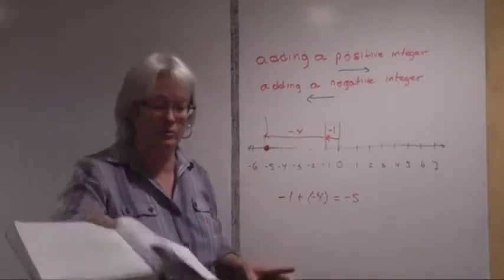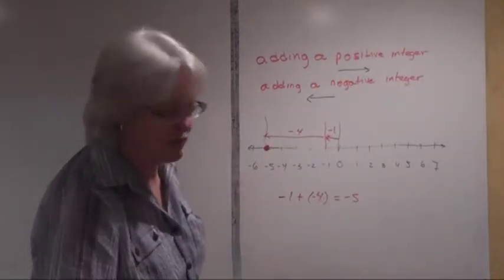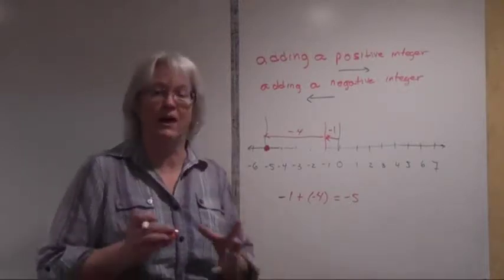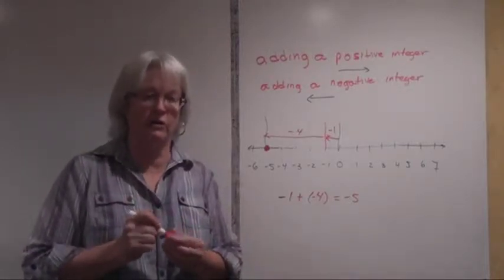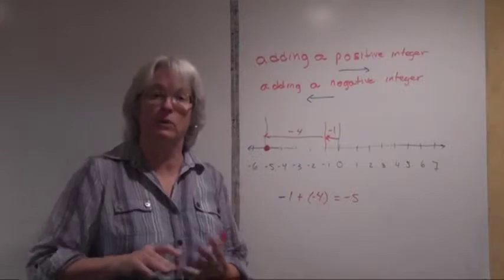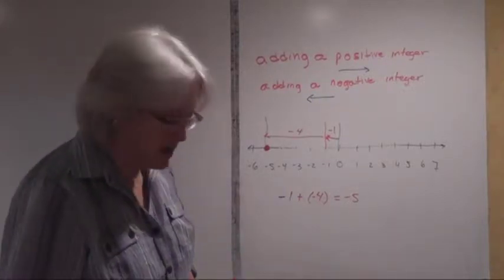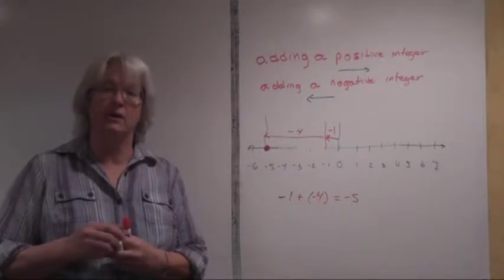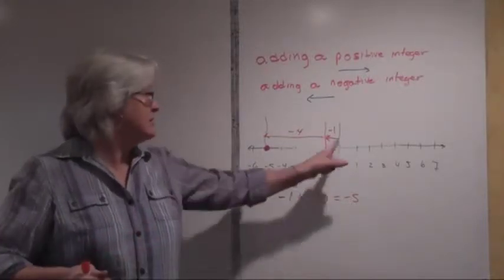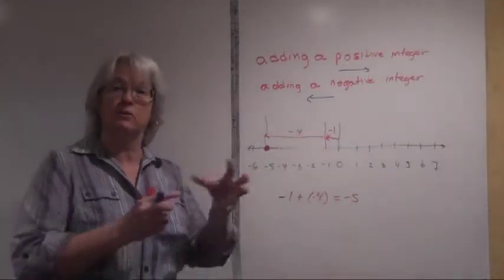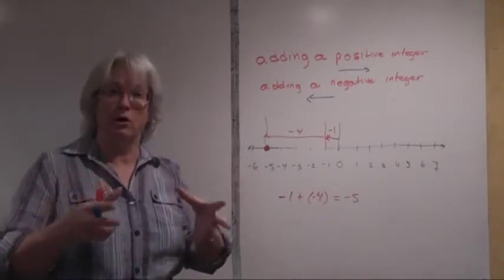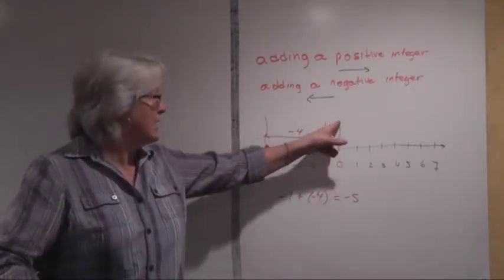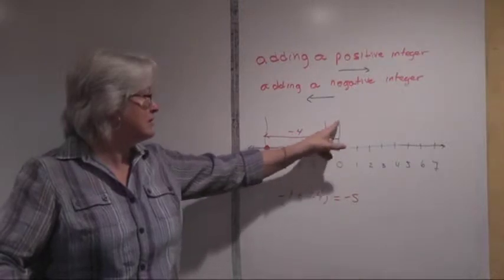Okay, that gets a little bit strange sounding when they're talking about adding together their absolute values. But remember, last video we talked about absolute value, and we said that all absolute value is, is the distance a number is from 0 on the number line. How many units away from 0 is this?